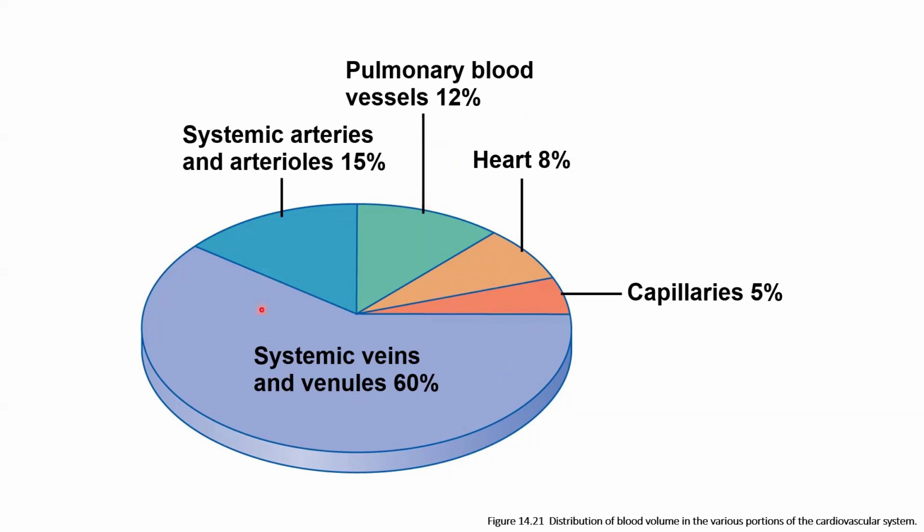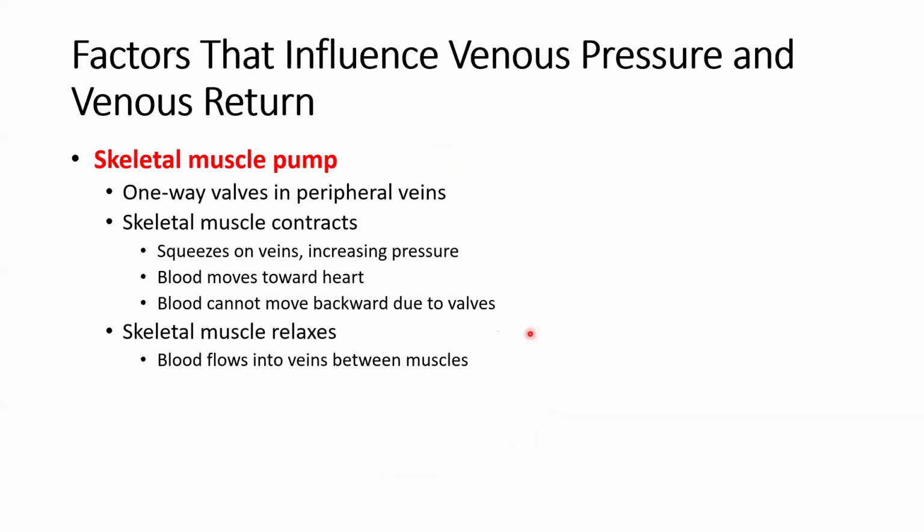So a large majority, more than half of the volume in your body is inside your veins. And then what are some factors that help with that venous pressure, right?